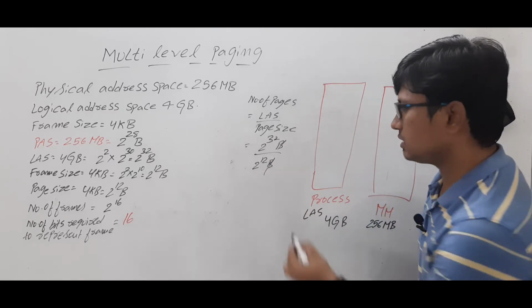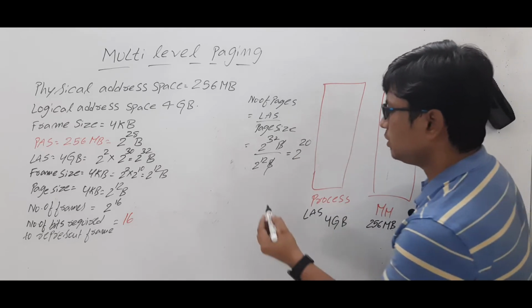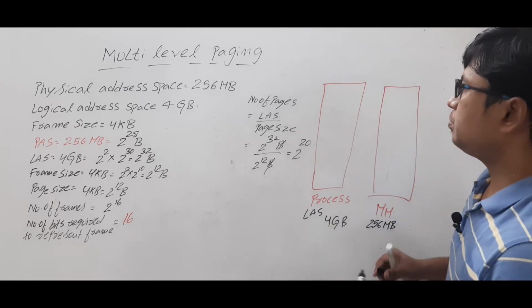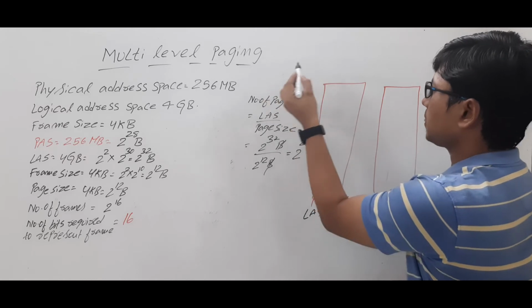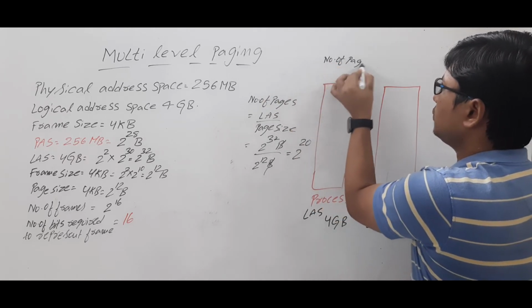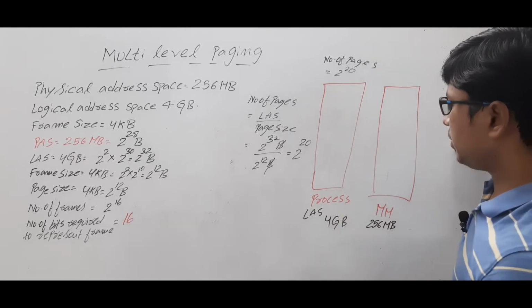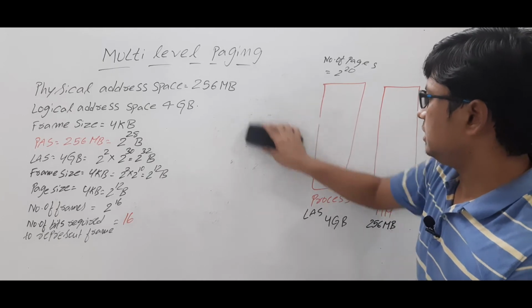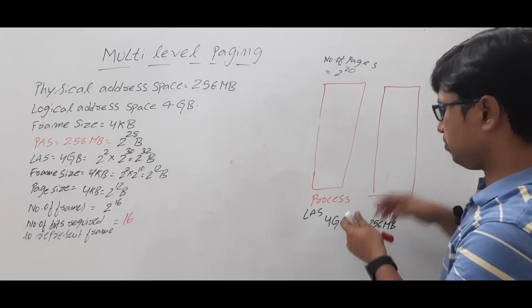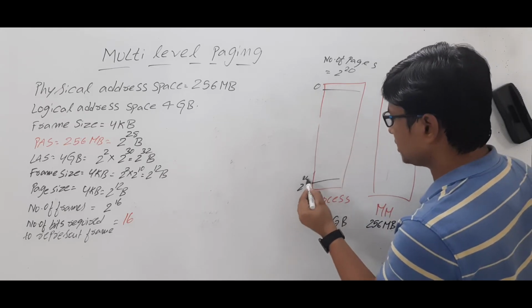Bytes and bytes cancel, and you get 2 power 20 pages. You can write here number of pages is equal to 2 power 20. If you have 2 power 20 pages, they go from 0 to 2 power 20 minus 1.